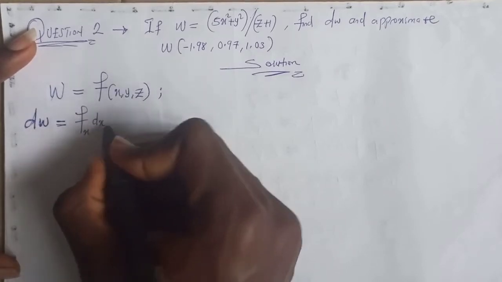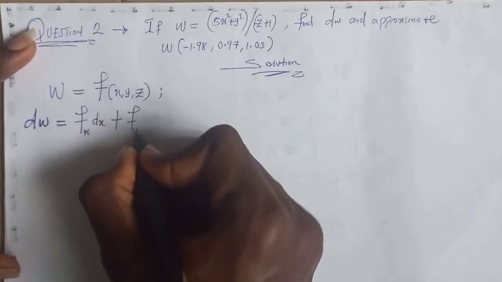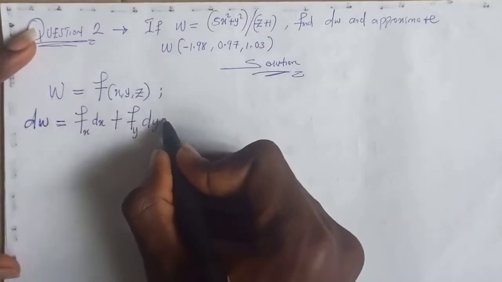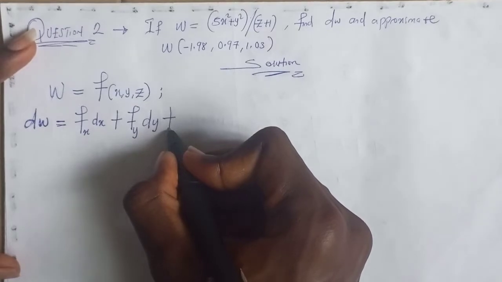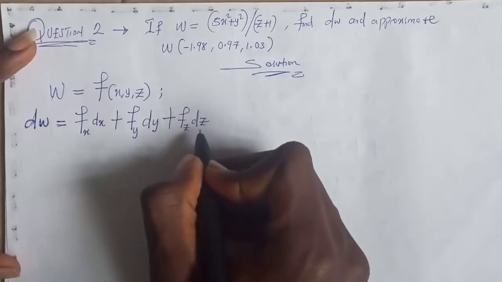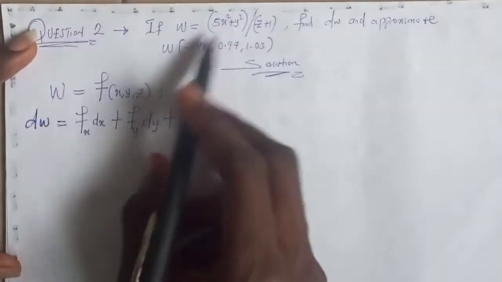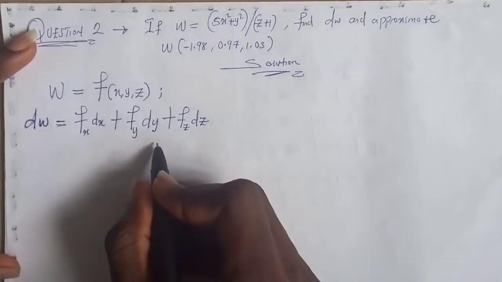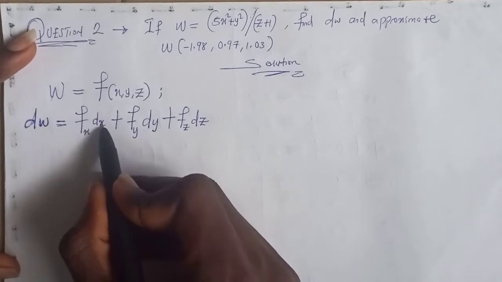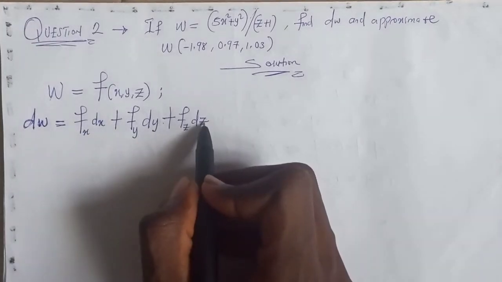Since we have three independent variables, x, y, z, I also have fy dy, and at the same time I will still have fz dz. So now the main issue is that we need the x, we need the y, and also we need the z.